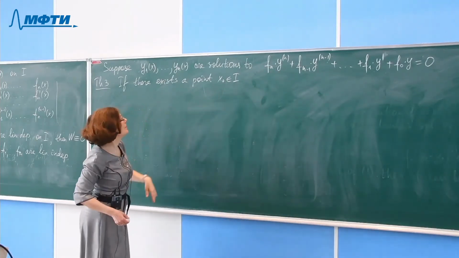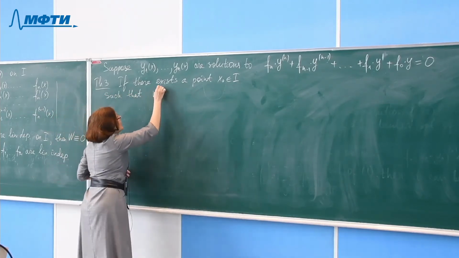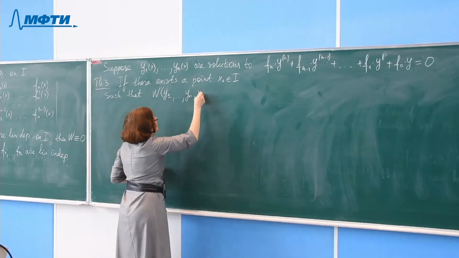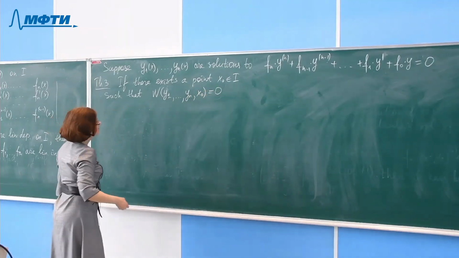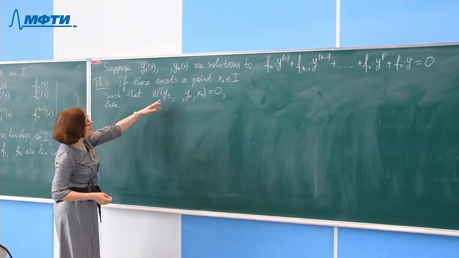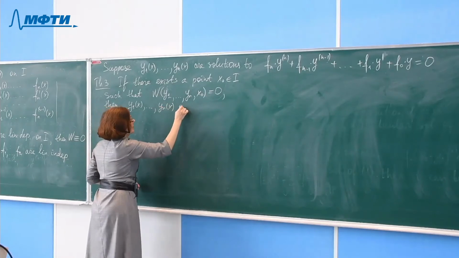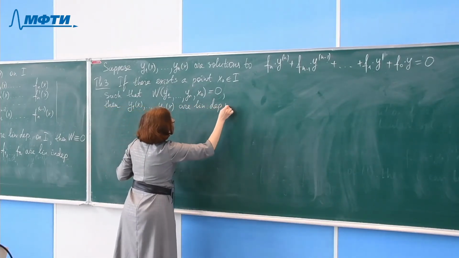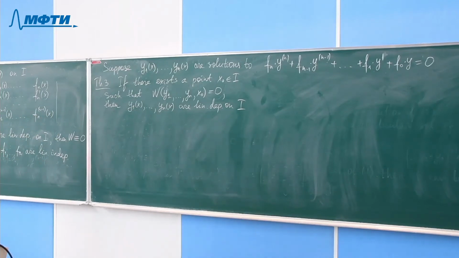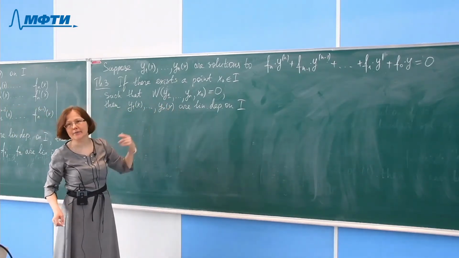If there exists a point such that the Wronskian of these n functions is 0, then these functions are linearly dependent on I. So it is a sufficient condition for linear dependence of functions on I. Right?